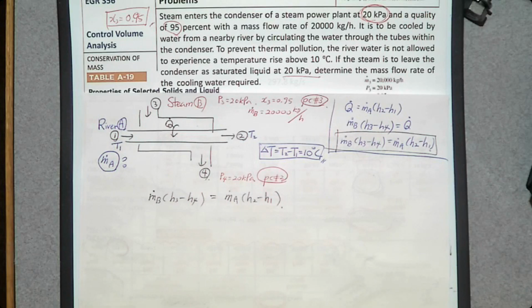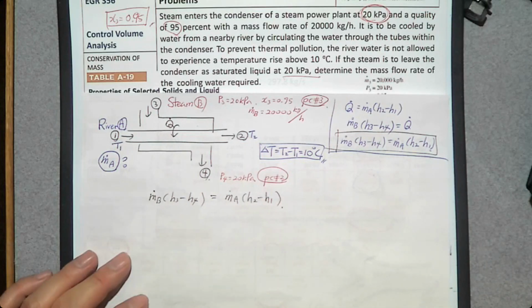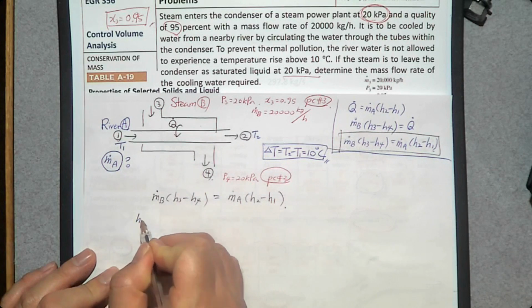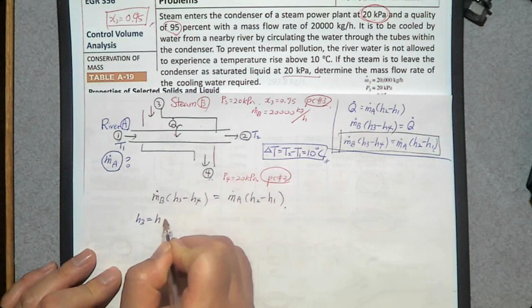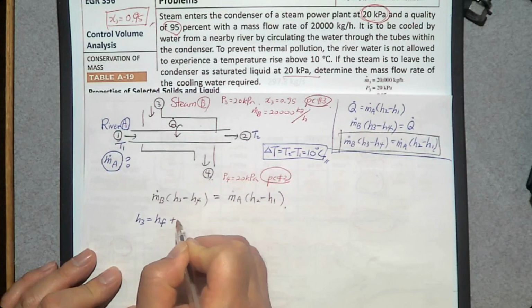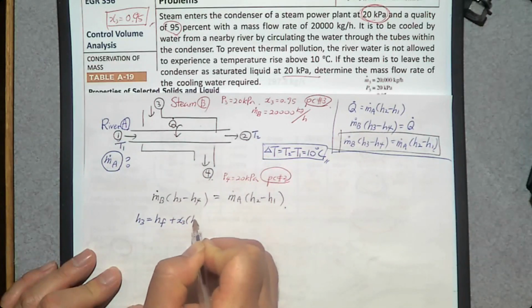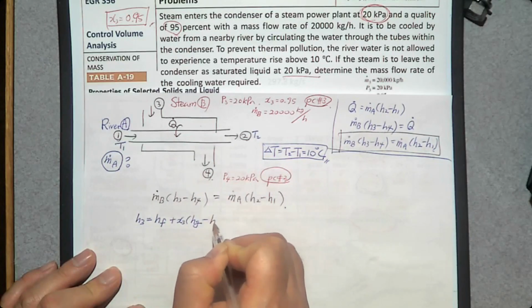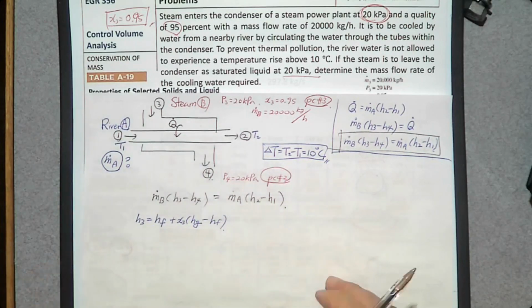The linear interpolation equation. What is the linear interpolation equation? h3 is hf plus quality x times hg minus hf. So that's how we determine h3. What about h4? That is the specific enthalpy of saturated liquid.